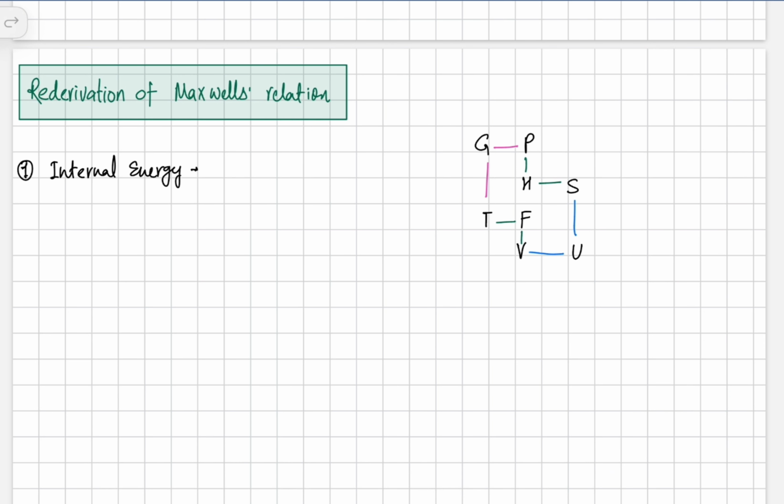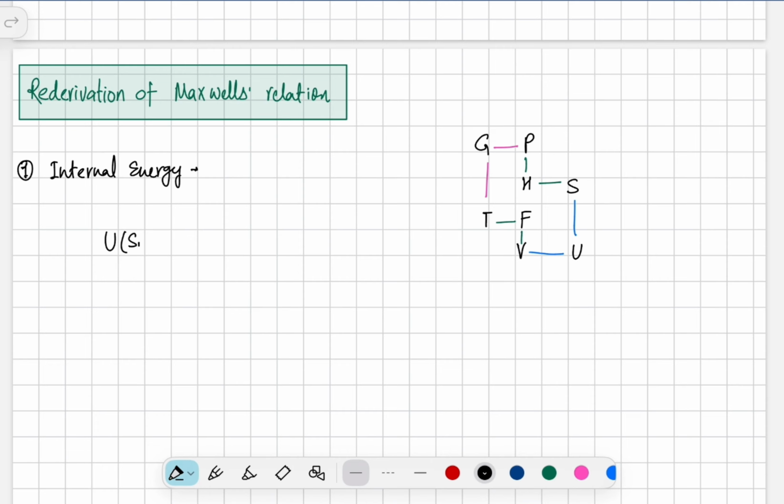So where is internal energy? This one, and it is connecting volume and entropy. So these are the natural variables of thermodynamic potential U. Just write U as a function of S and V.